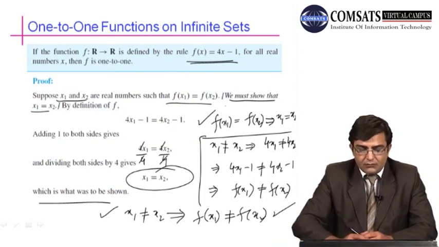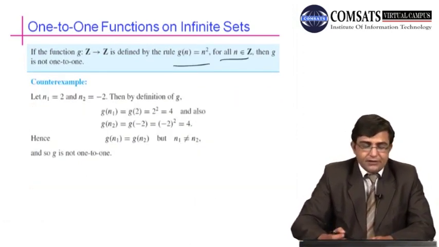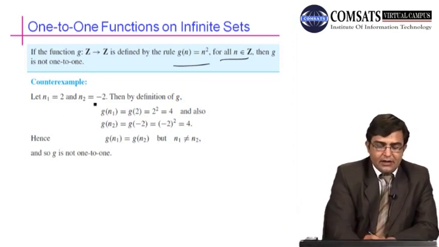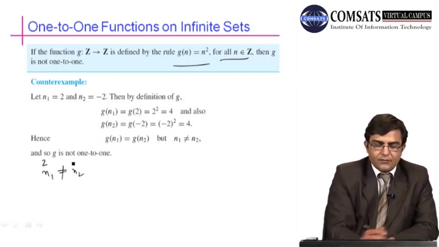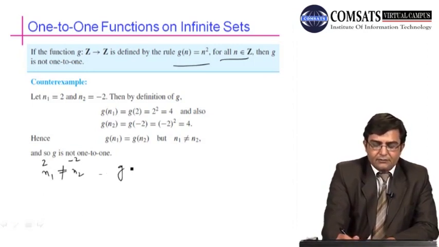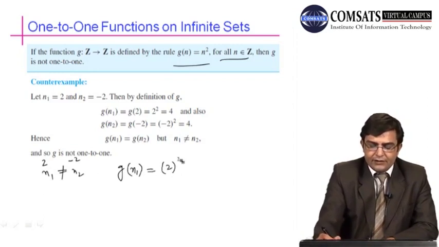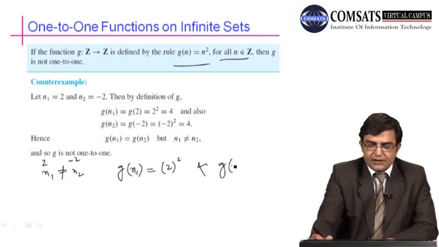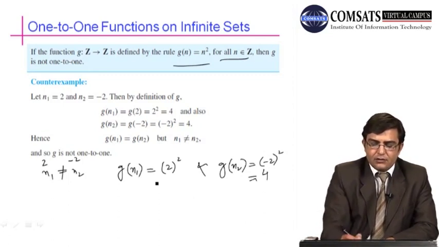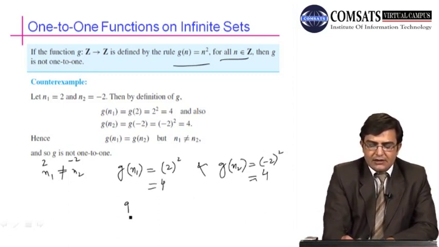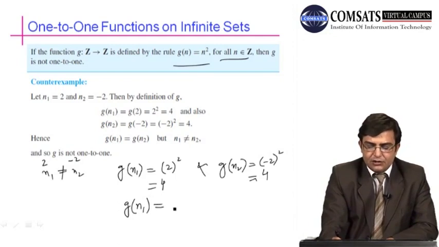For example, the counter example of this, if we take two different elements, for example n1 is not equal to n2, and we take n1 as 2 and n2 as minus 2. But if we take g of n1, this is 2 square, and if we take g of n2, this is minus 2 square, and this is 4, this is also 4. Then we can see that g of n1 is equal to g of n2.